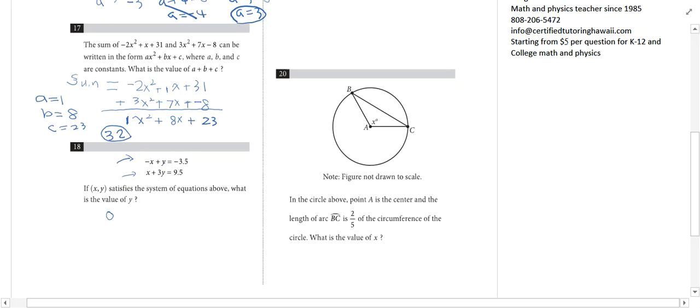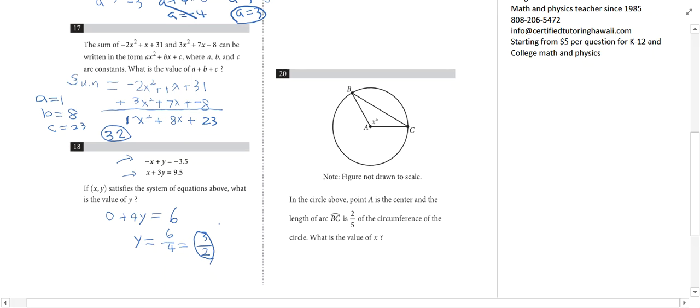And then 1y plus 3y, you add to get 4y. And negative 3.5 plus 9.5 equals 6. Then you divide both sides by 4. So y equals 6 over 4, and you can simplify further. The answer will be 3 over 2.